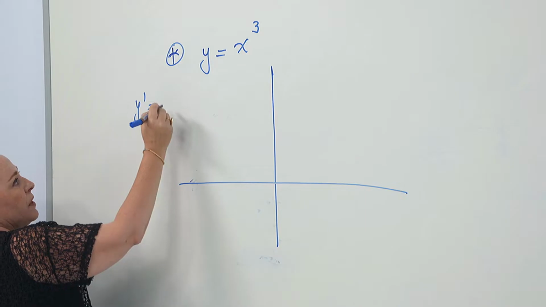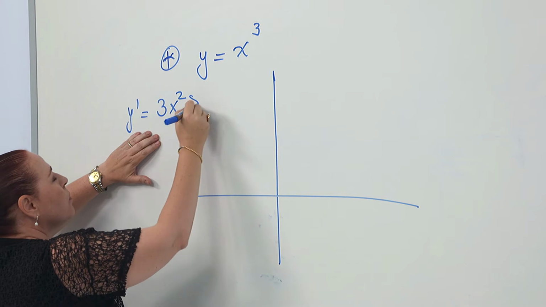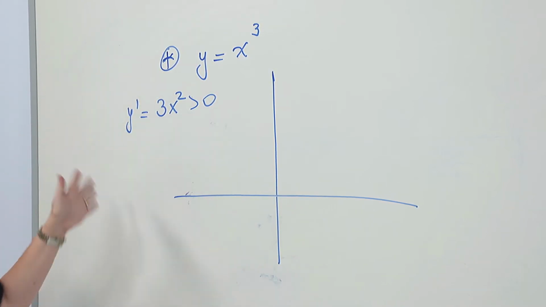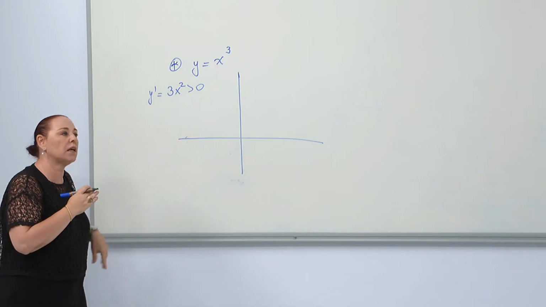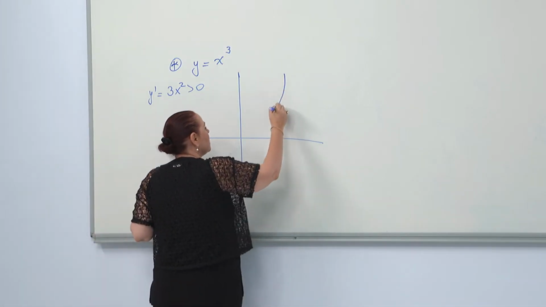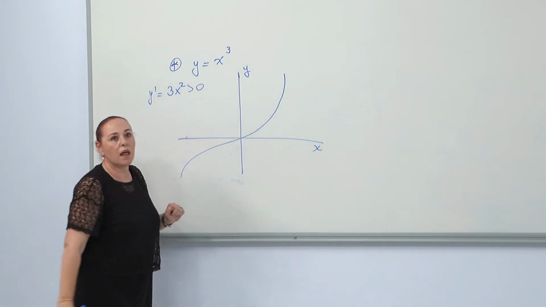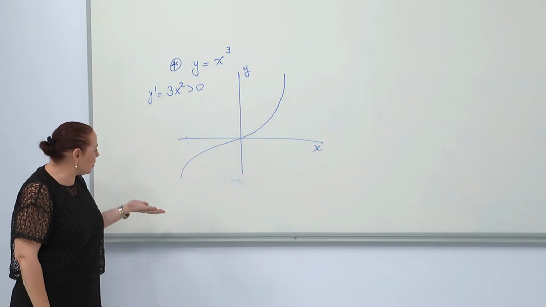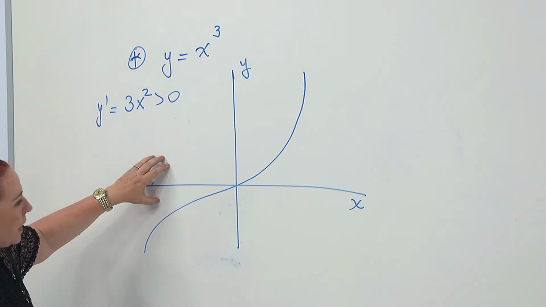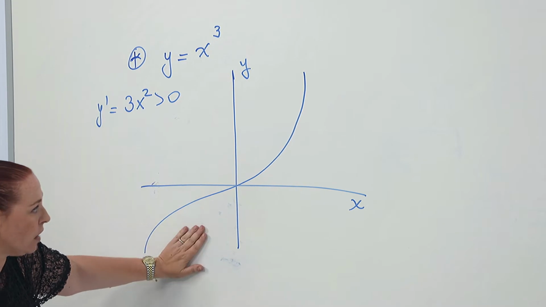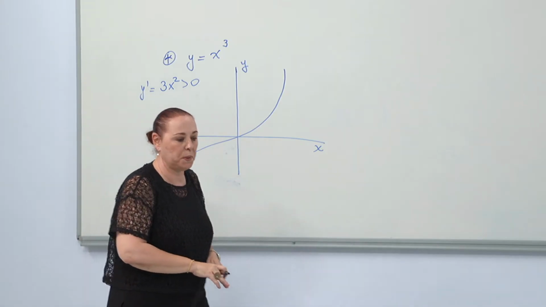The first derivative is 3x squared, which is clearly always positive, which means we clearly have an always increasing function. If we are to graph y equals x cubed, although it's always increasing, you can see that for negative x's, it's concave down. For positive x's, it's concave up.